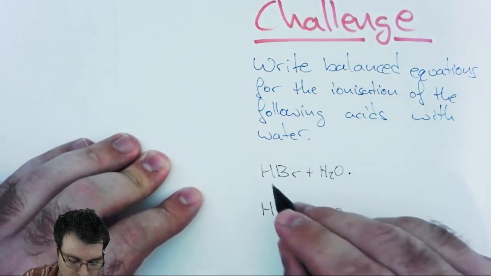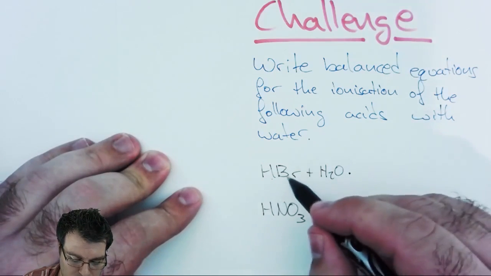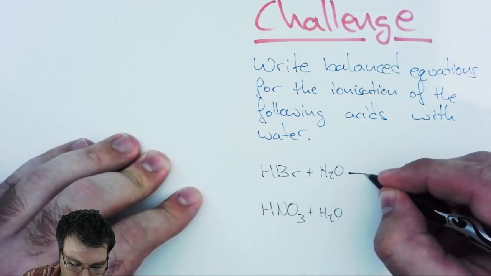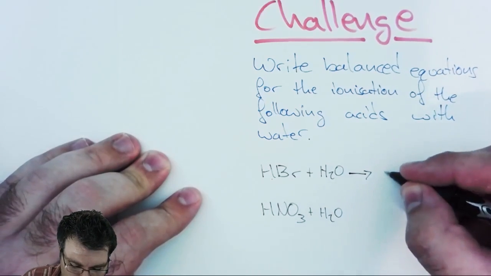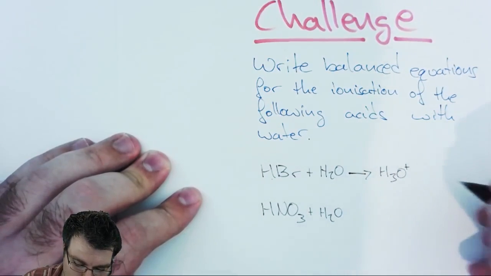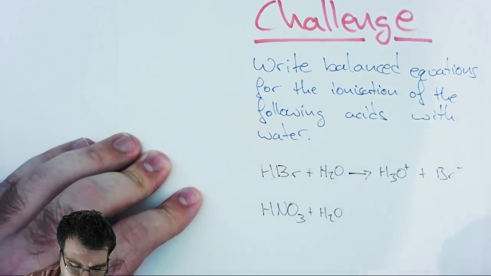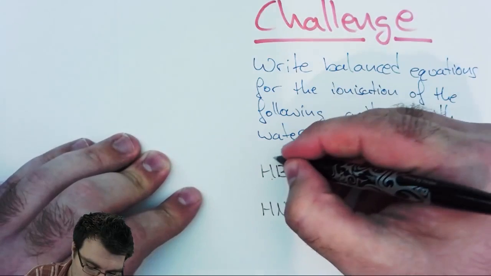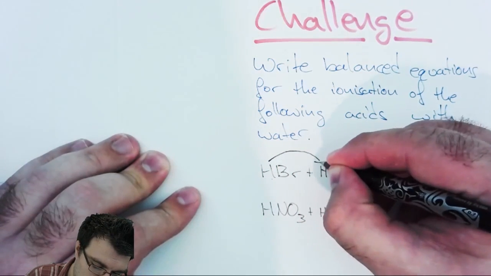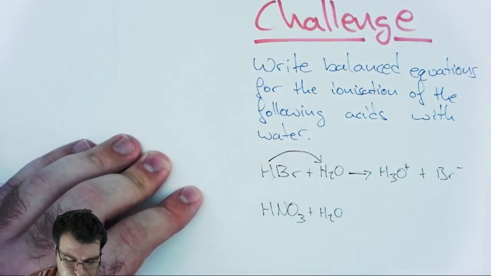All right, so our hydrogen bromide is reacting with water to form a hydronium ion plus a bromide ion. And so what's happening here, of course, is our hydrogen ion, our proton, has been donated to our water molecule.